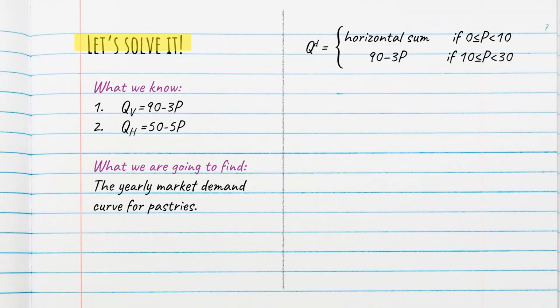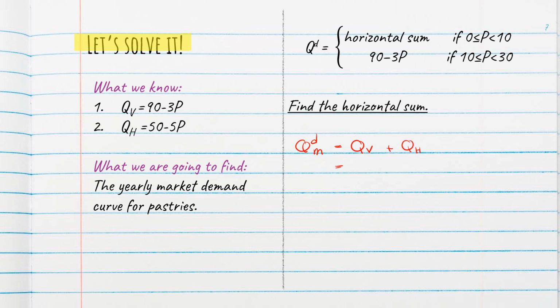So all that's left for us is to find that horizontal sum and put it all together. Don't be overwhelmed by this phrase horizontal sum. It literally just means we're fixing P and we're adding quantities. So since our functions are already solved for Q, we just add them up. So the quantity demanded in the market is going to be equal to the quantity demanded by Vishal plus the quantity demanded by Hanya.